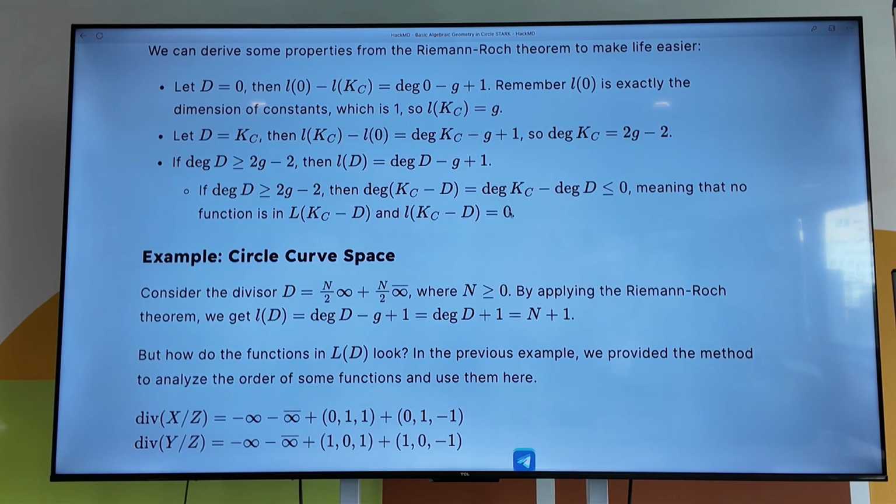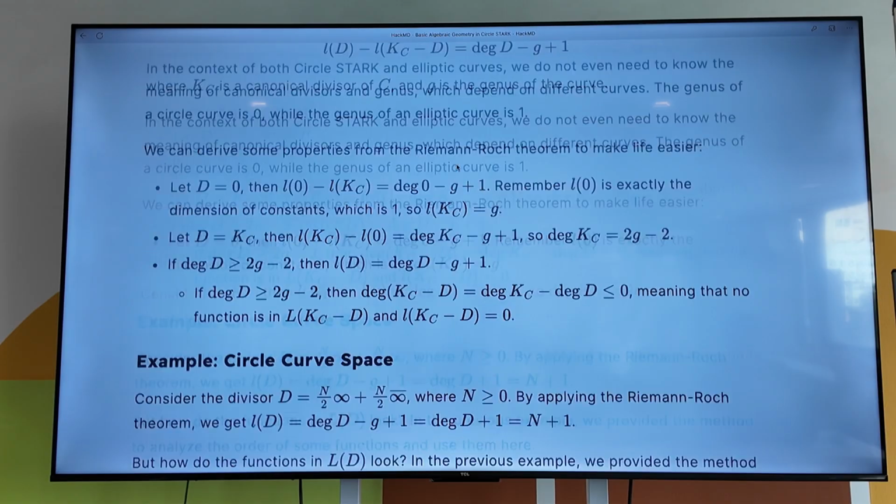So we can directly get the dimension of L(D) equal to degree D minus g plus 1, and g is the genus of the curve, so it should be 0, and the degree of D is a sum of n_P, like this one.